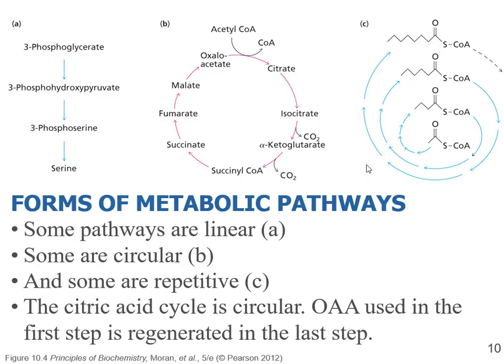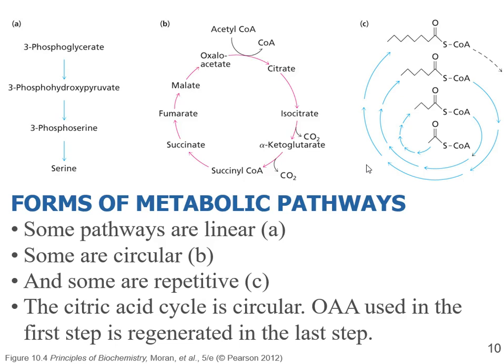Before we get started on all the details of the pathway, I wanted to point out that there are different forms of metabolic pathways. We can have a linear pathway. Glycolysis is a linear pathway where you have a starting and an ending point. Some pathways are circular, and the citric acid cycle is an example of that. Some of them are repetitive, like fatty acid degradation, where you remove 2 carbons at a time from a fatty acid molecule, and then you go through the pathway in several different iterations.